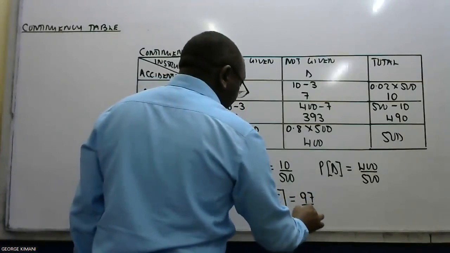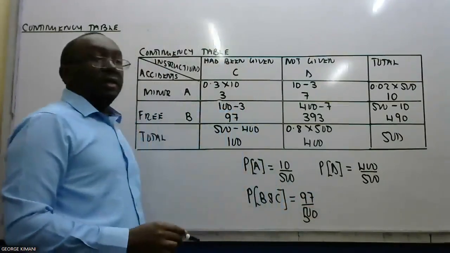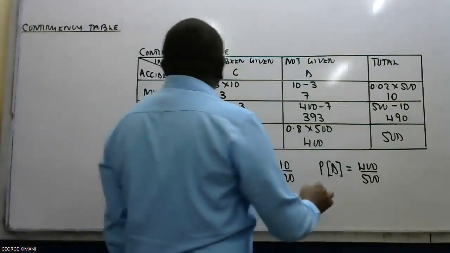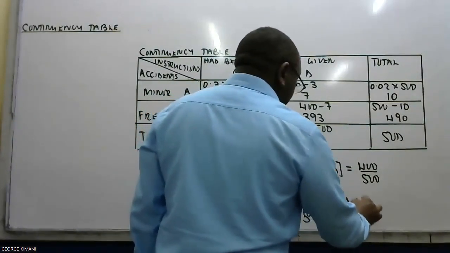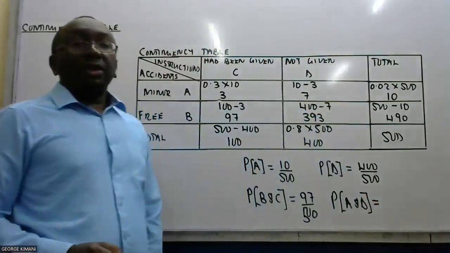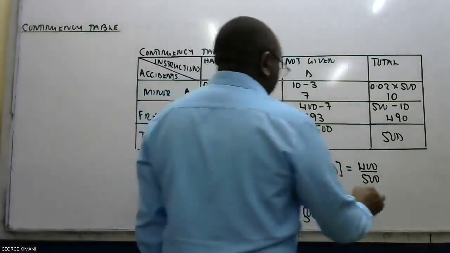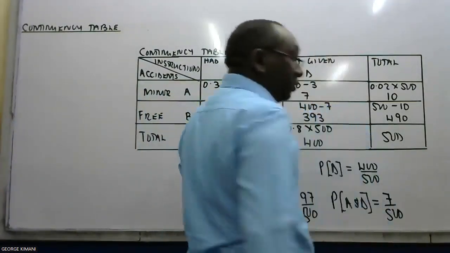You divide by 500. Probability of A and D, you go to where A and D meet, and that is 7. You divide by 500.